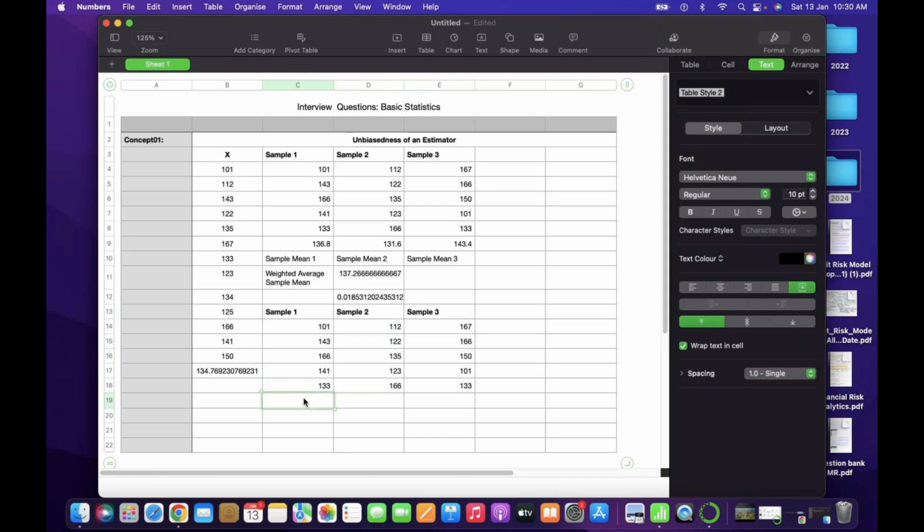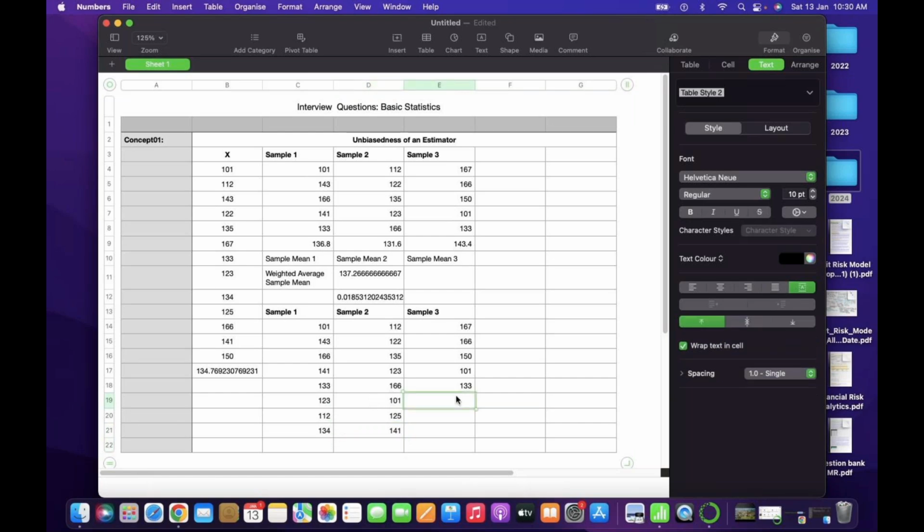So you have 1, 2, 3, you have 1, 2, 3, you put in 1, 1, 2 over here, and I'm just putting in 134. Over here I'll put in 101, 125, and 141.